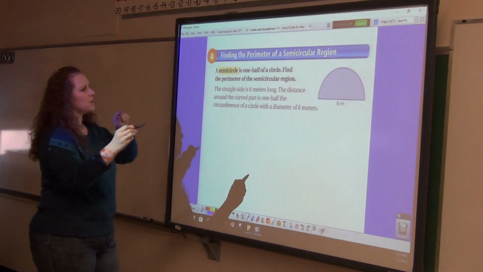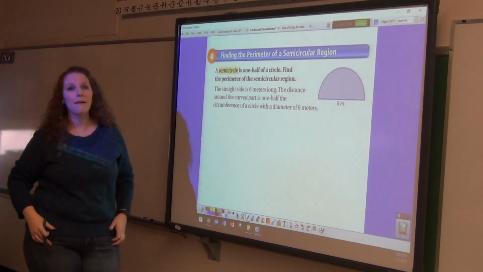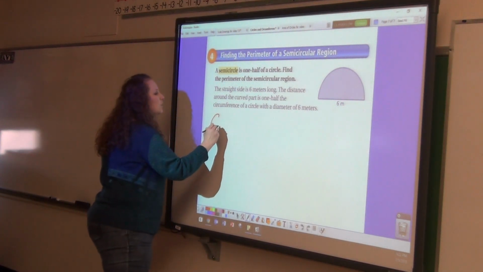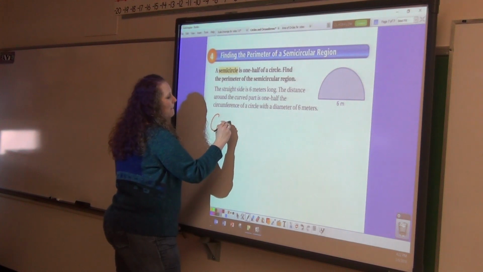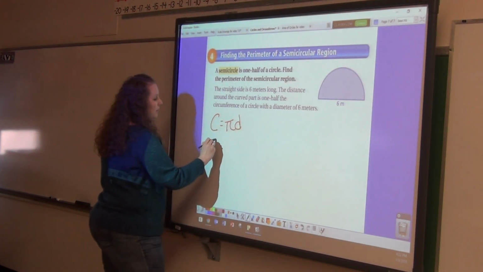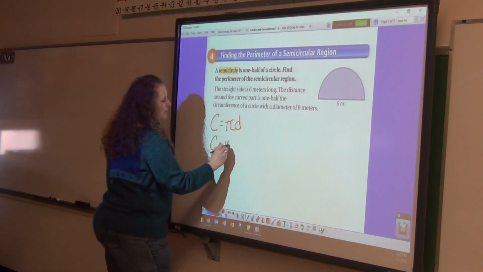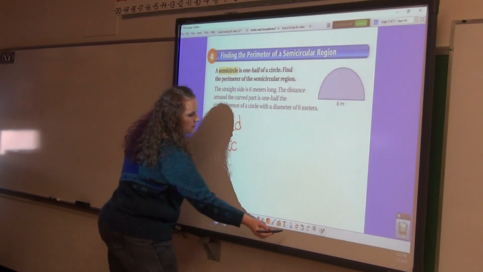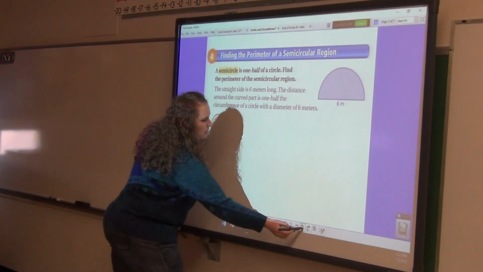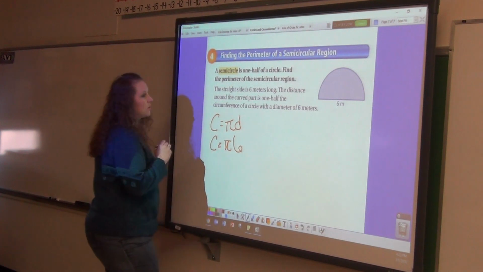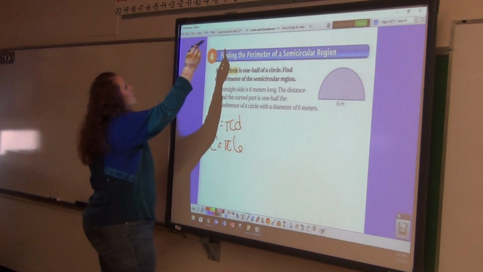And then we've got to find the distance around the curved part, and that is going to be half of your circumference. So circumference equals pi times the diameter, and I know that my diameter is 6, so it's 6 times pi.